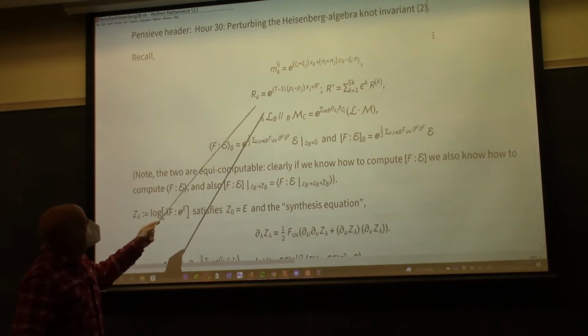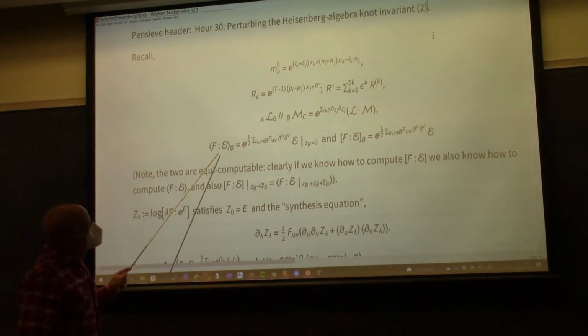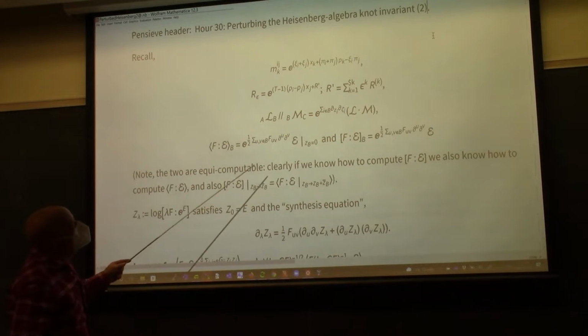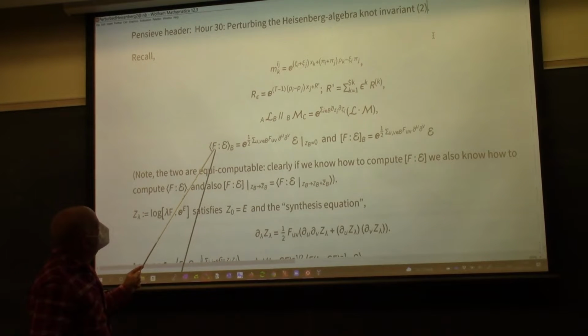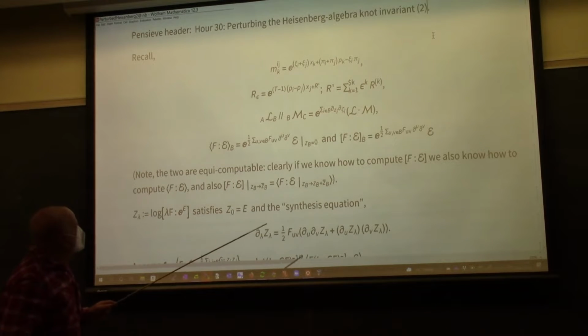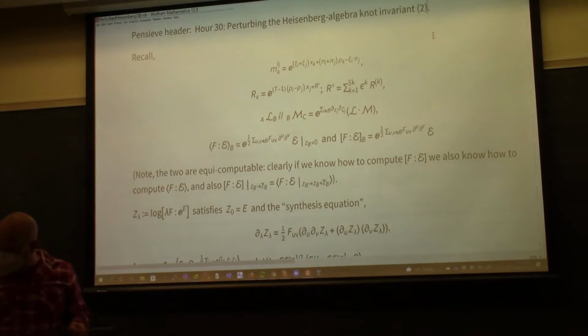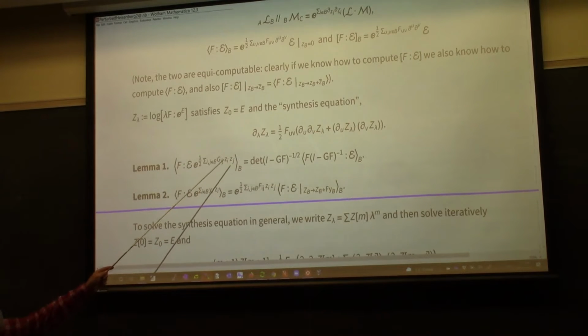We have the usual composition law, and we want to compute F colon E, the gluing of E according to F, and that reduces to the so-called synthesis equation.